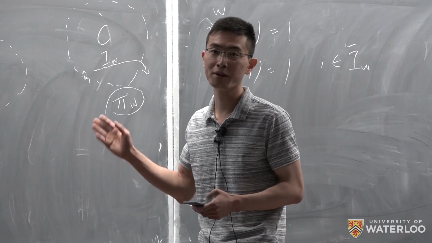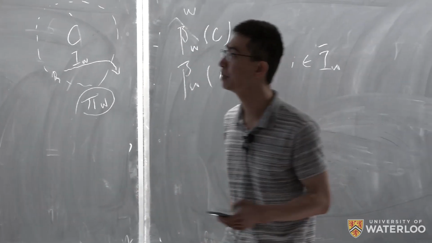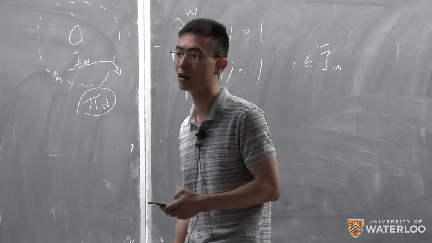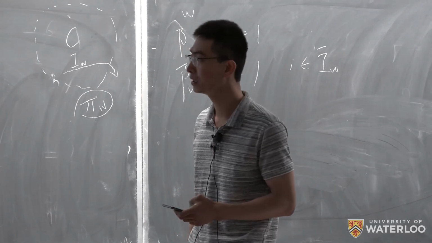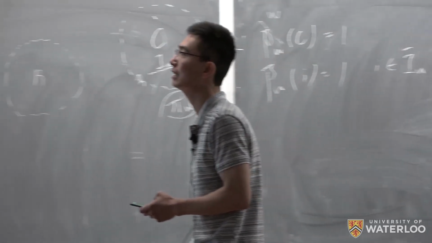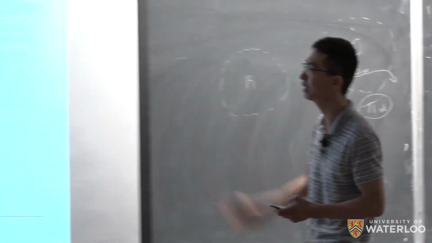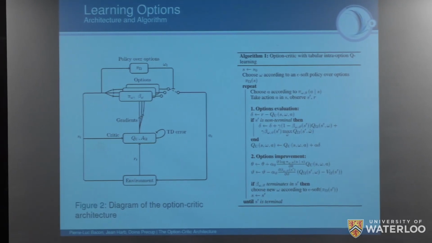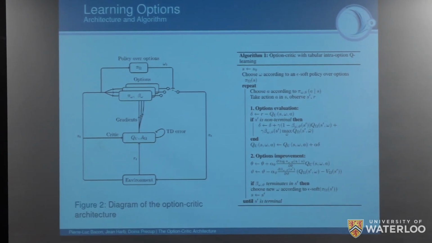So with the previous two theorems, we can build an architecture and an algorithm. We name it the Option-Critic architecture. The basic idea is that for an initial state S0, we use a policy over options to pick a suitable option for the current state.